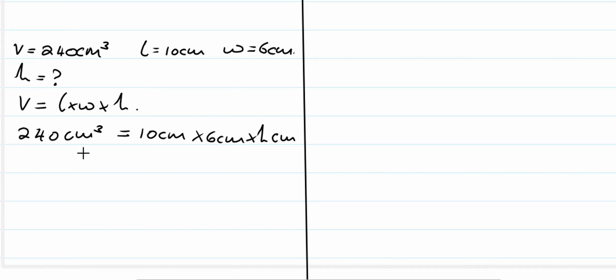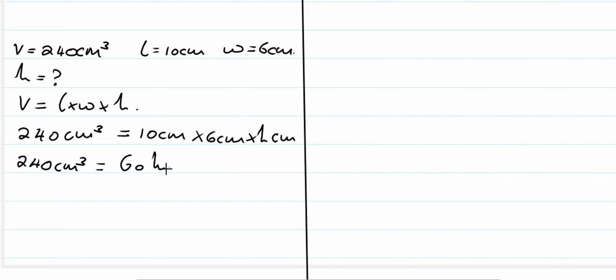So we can write 240 centimeters cubed is equal to 10 multiplied by 6, which is 60, then multiplied by h, which now will be 60h, because we don't know the height.